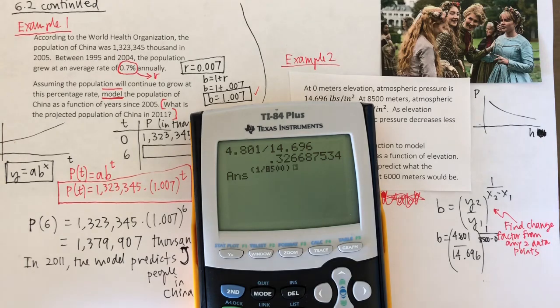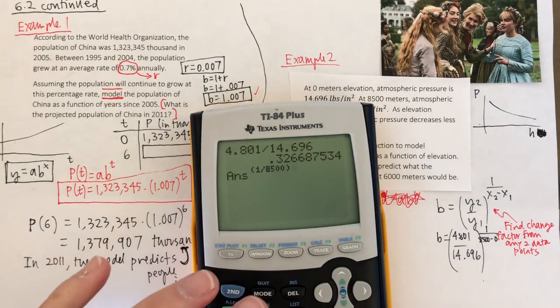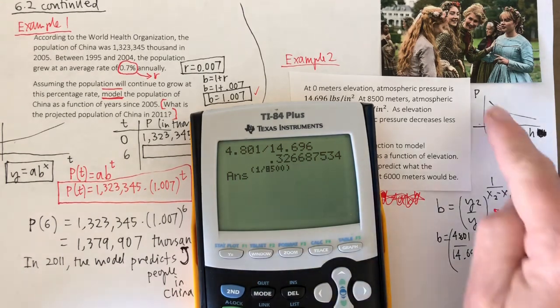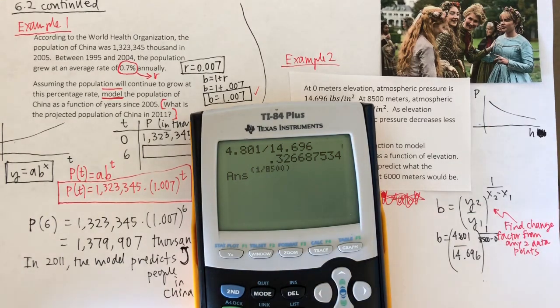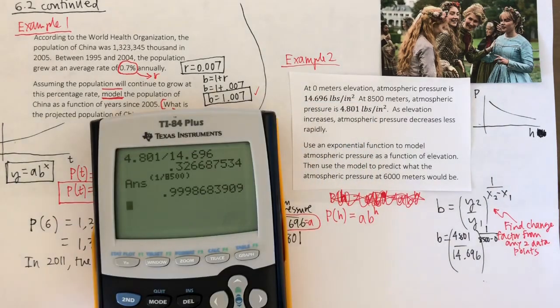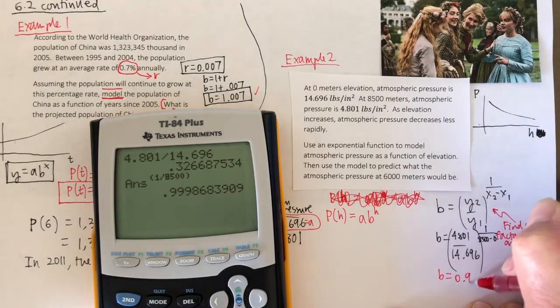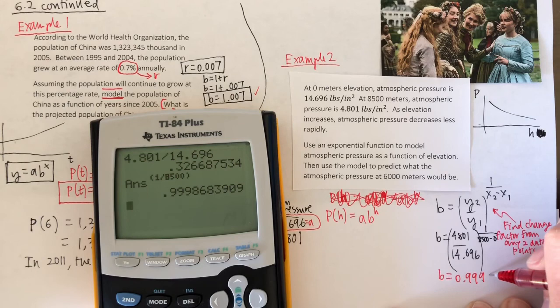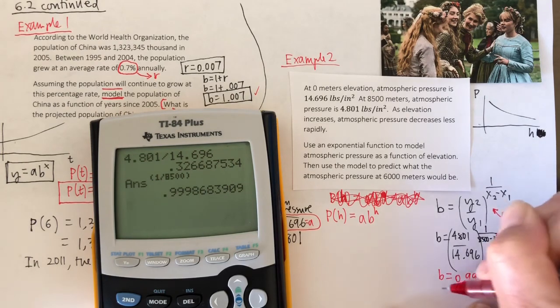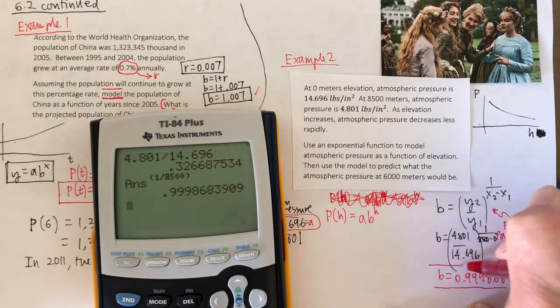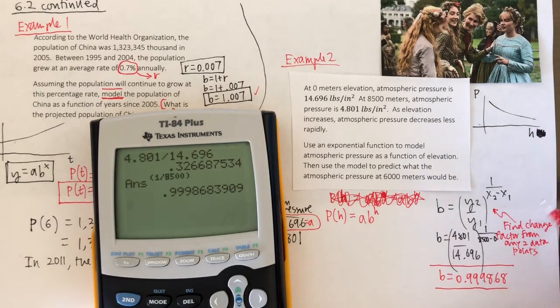Okay, when I push enter, I really hope I get a number that is smaller than 1, between 0 and 1, because I know that this function is decreasing. Oh, good. Whoa, it's pretty close to 1, but it is smaller than 1. So we find out that b equals 0.999868. I'm going to keep all those decimal places because it's so close to 1 that I need to find out where it's different than 1.